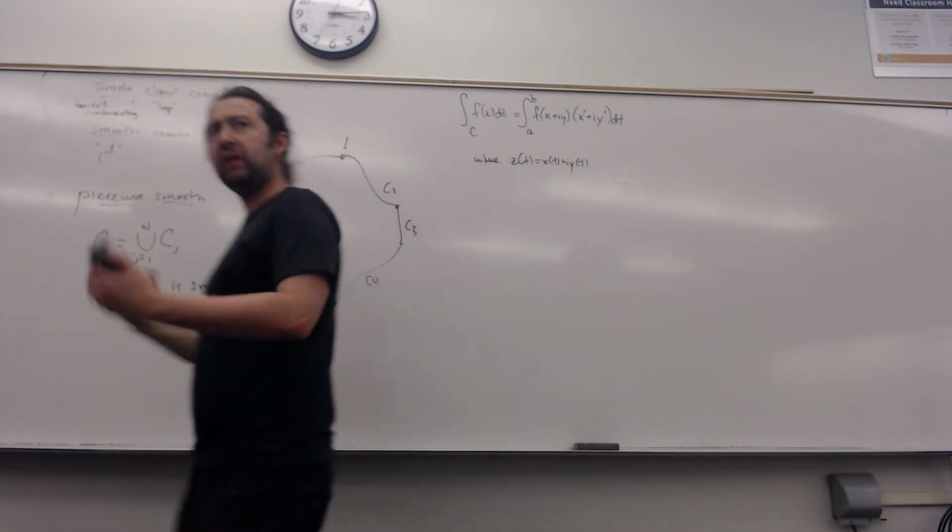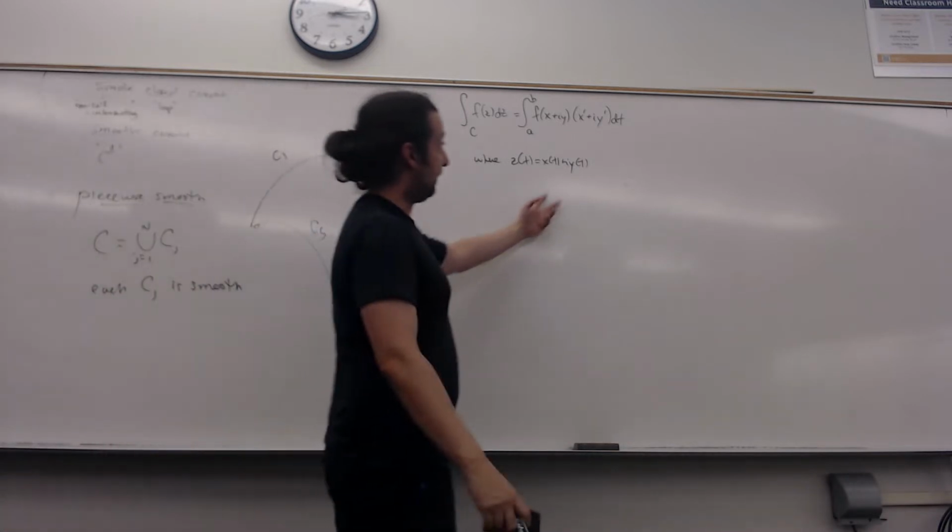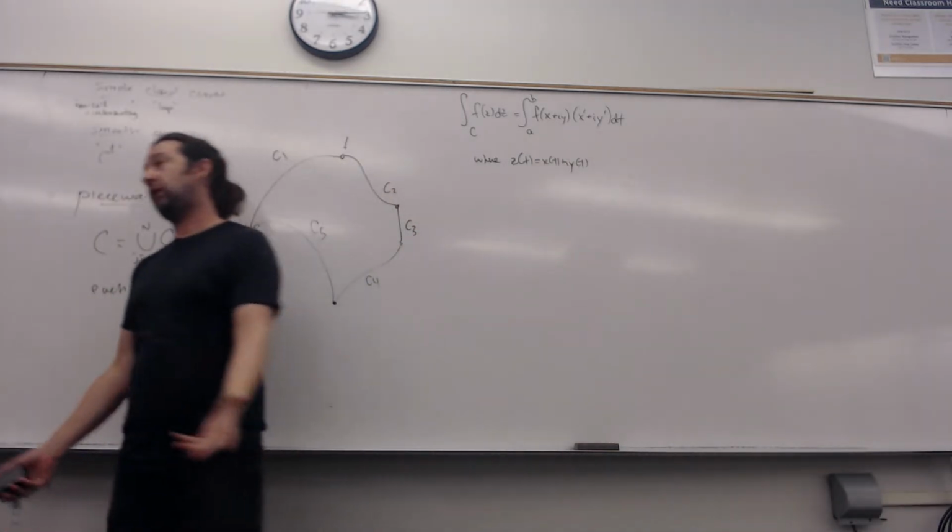That's our basic definition of contour integration. It's line integration from calculus 4. You have a path, you plug the path in, and you just use regular old real calculus to do the question.